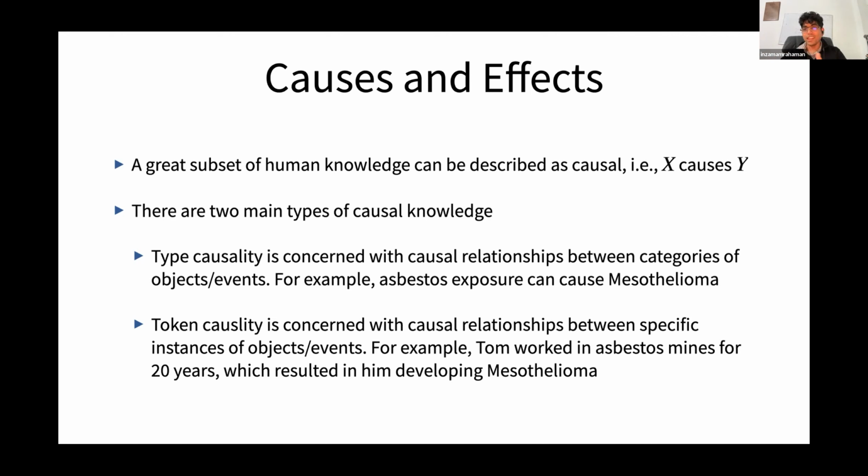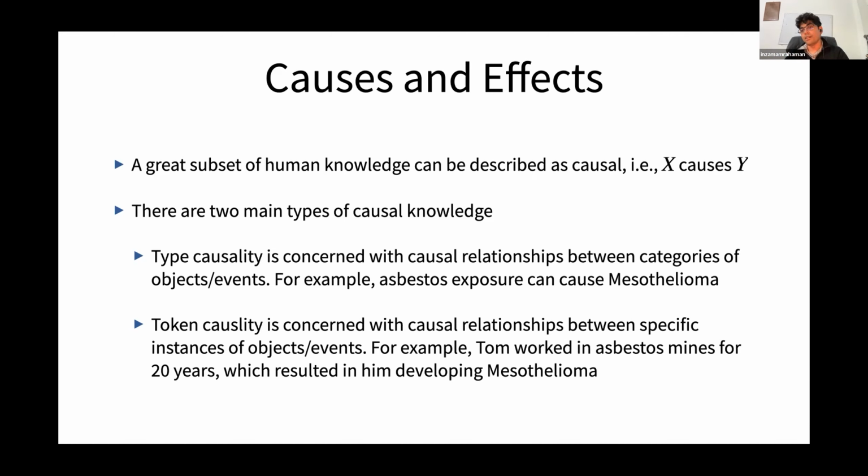And there are really two types of causal knowledge that you find. There's something a bit more in the philosophy literature, but I will say it's important computationally, and that's what you call type causality. That is concerned with more general relationships between different categories of objects and events. So for example, we know that repeated exposure to high levels of asbestos tends to predispose people towards developing mesothelioma, which is a fairly rare type of lung cancer.